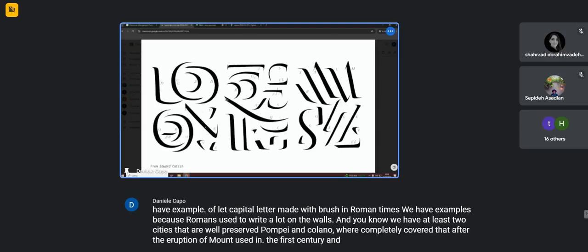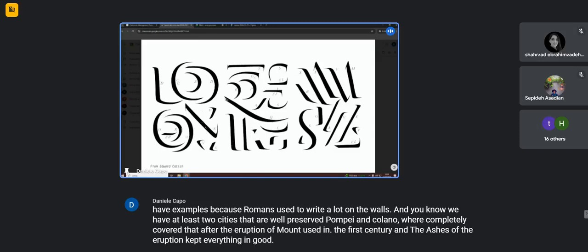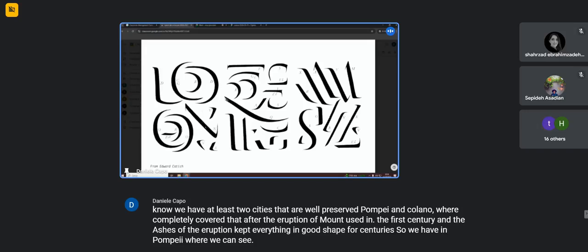And the ashes of the eruption kept everything in good shape for centuries. So we have walls in Pompeii where we can see writing made with brush.